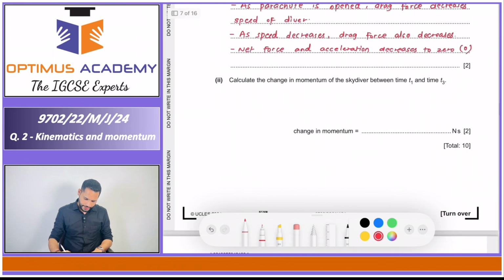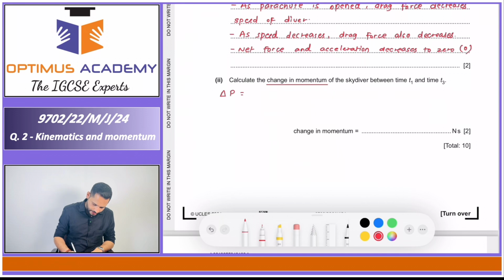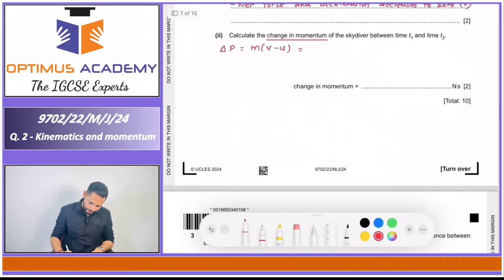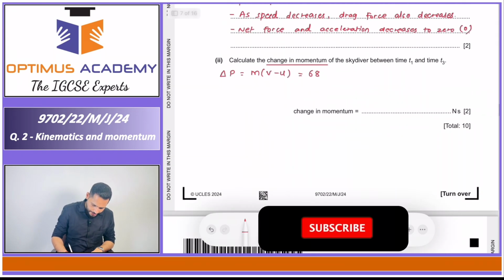Next question, calculate the change in momentum of the skydiver between T1 and time T3. So, the change in momentum is given as m bracket v minus u. The mass of the skydiver and the equipment in total is 68.